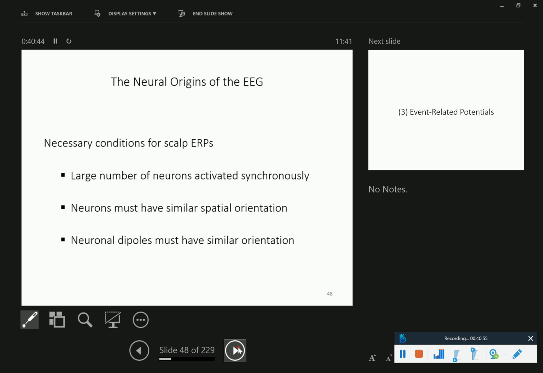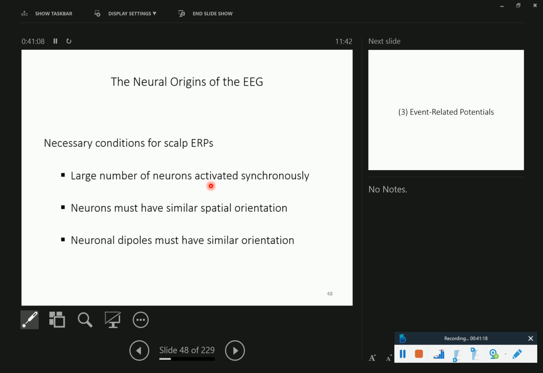If you want to measure something on the skull, then of course you need a large number of neurons. There are some papers that discuss how many exactly and how much of a cortical patch, but of course it's not that a single neuron is active and all the other neurons do something else. This does not sum up so that you can see it and will be filtered out.